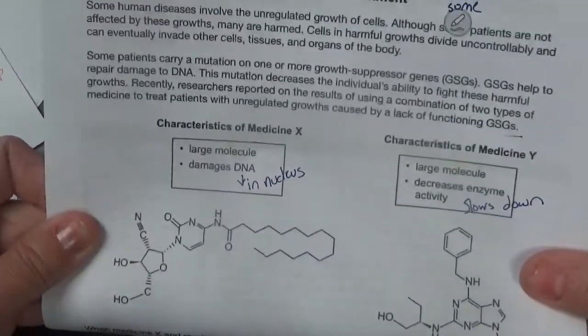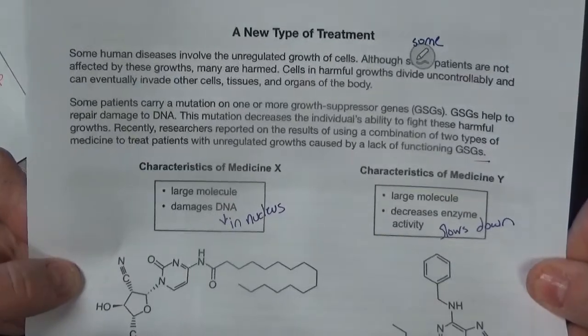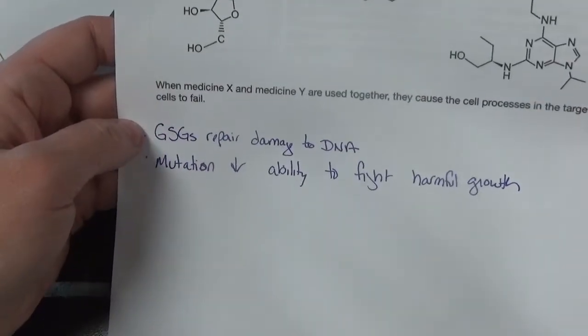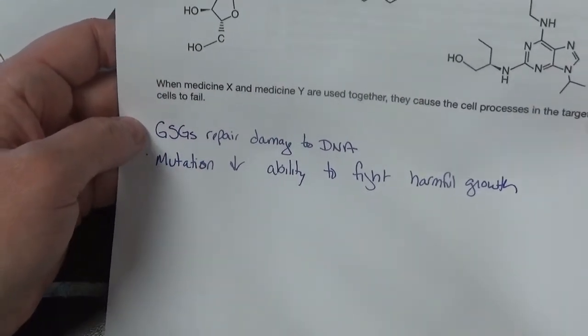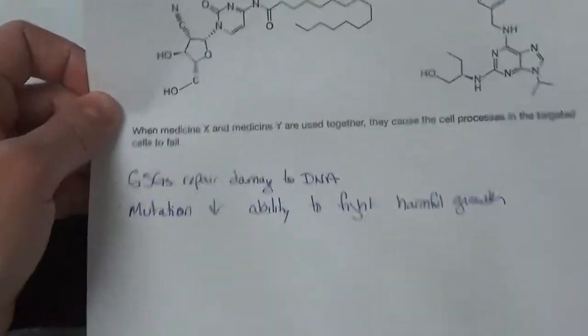All right. The next two multiple choice questions had to do with this diagram here. I took some notes on the bottom as I was reading through this. I thought it was important to note to myself that GSGs repair damage to the DNA, which is always found in the nucleus.